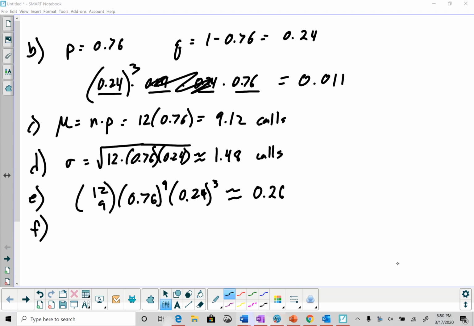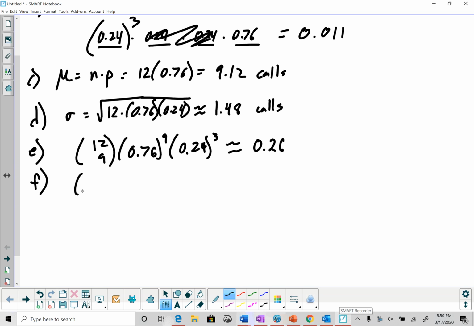At least 9 includes the 9 that we just found, but I'm going to try and write this out and be consistent here. Out of the 12, choose 9 of 0.76 to the ninth times 0.24 to the third.